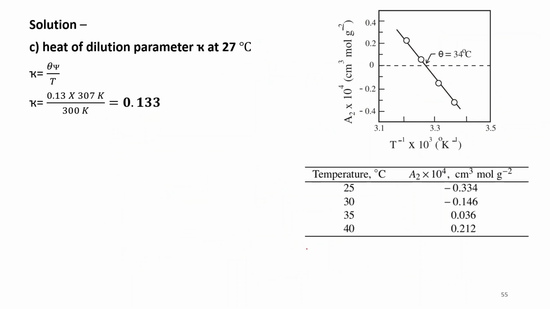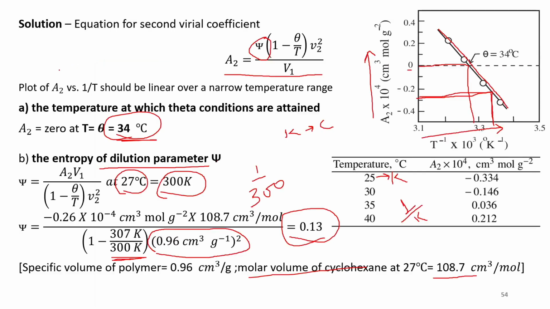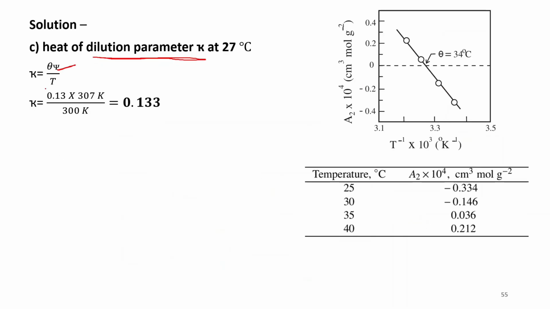Next, part C is saying to calculate the heat of dilution parameter at 27 degrees Celsius. So heat of dilution is nothing but equal to theta temperature multiplied by the entropy of dilution parameter divided by T, the normal temperature.